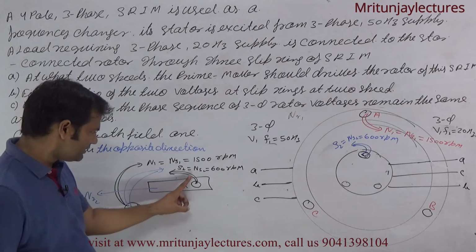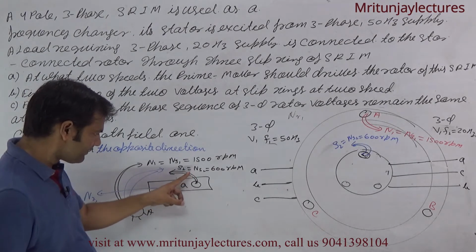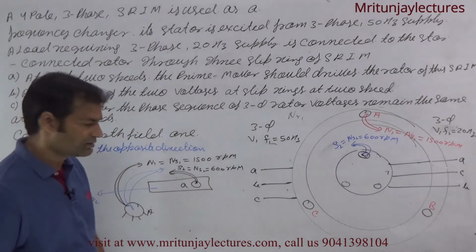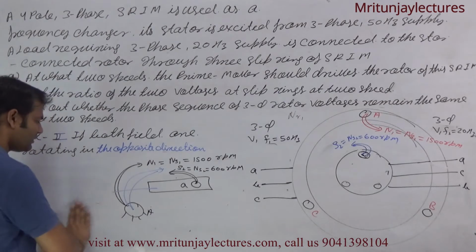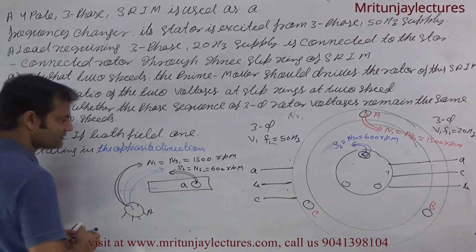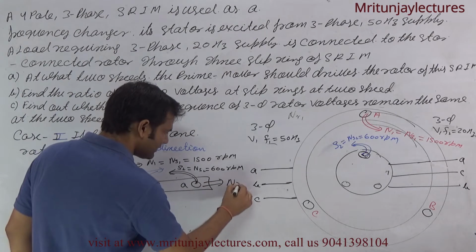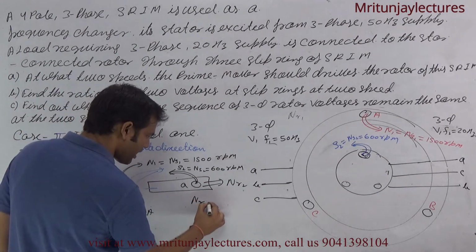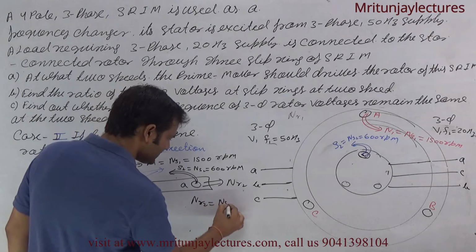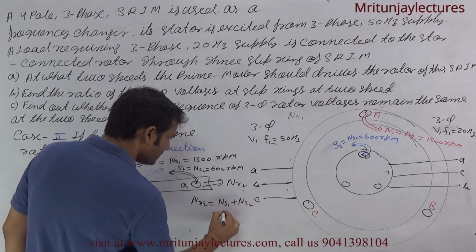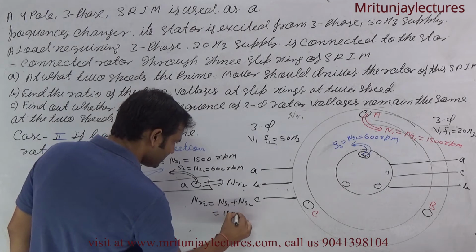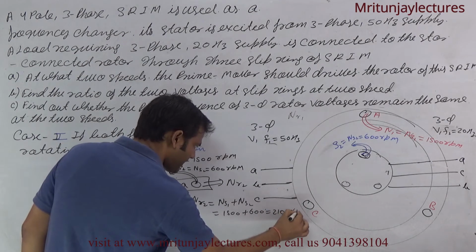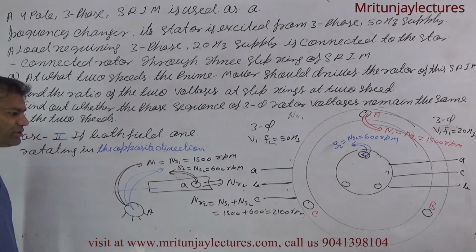Okay, but the rotor field rotates in the opposite direction of the stator field, only possible if the rotor rotates in the direction of the stator field, which has speed NS1 plus NS2, meaning 1500 plus 600 rpm, that is 2100.